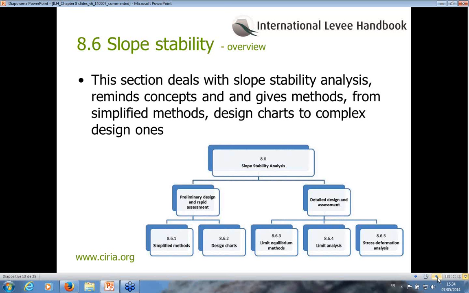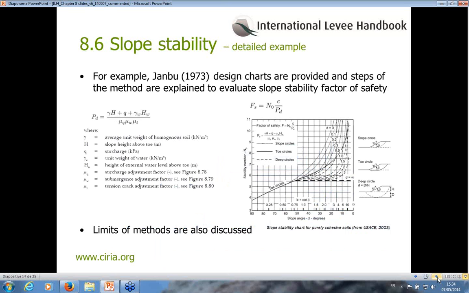Concerning the stress-deformation analysis method, the ILH provides a review of the different families of stress-strain soil models and a discussion about the issue of evaluating a factor of safety from these analyses. For example, the feasibility study proposes a procedure for evaluating the factor of safety, and the Janbu charts are detailed.